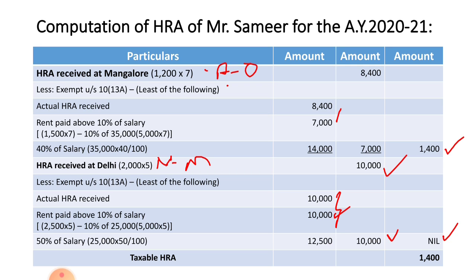This is a problem relating to two cities, that is, first he was working in one city, then he was transferred to another city. One is a non-metropolitan city and the other is a metropolitan city. See the difference and solve this problem once again for better understanding. Thank you. Let us solve some more problems in upcoming sessions.